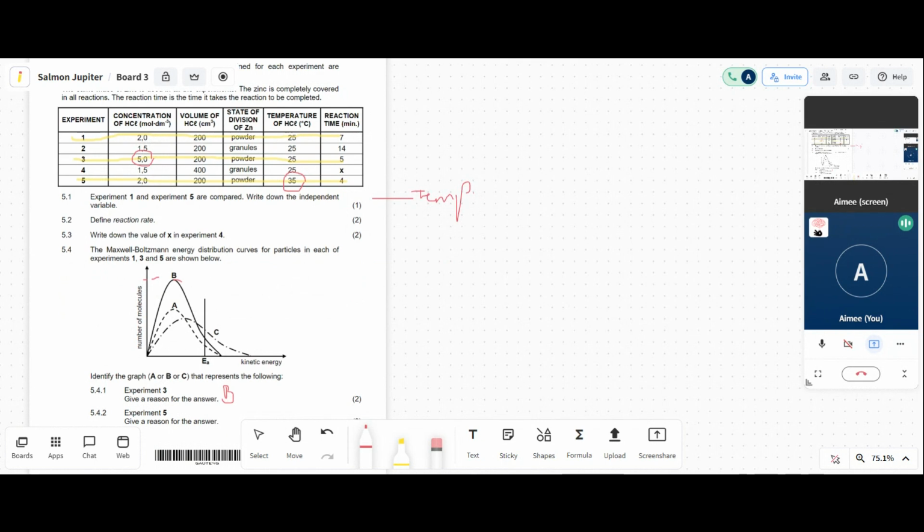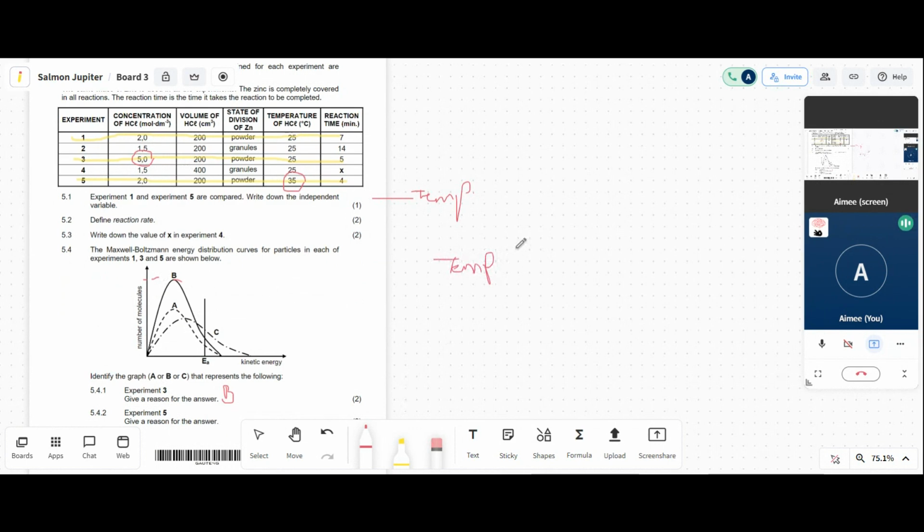Okay, perfect. Then we want to see experiment 5. Now, which one is experiment 5? You can see the key thing that makes experiment 5 different is its increased temperature. And temperature is directly proportional to kinetic energy. They're basically the same thing.